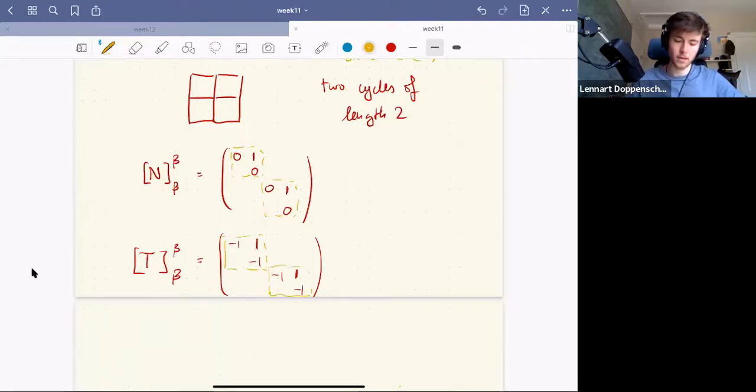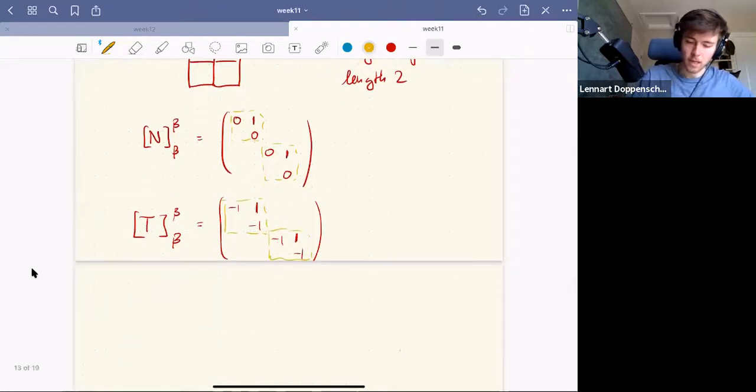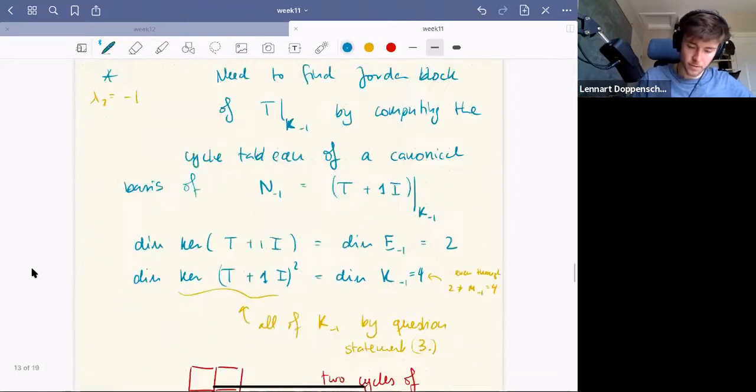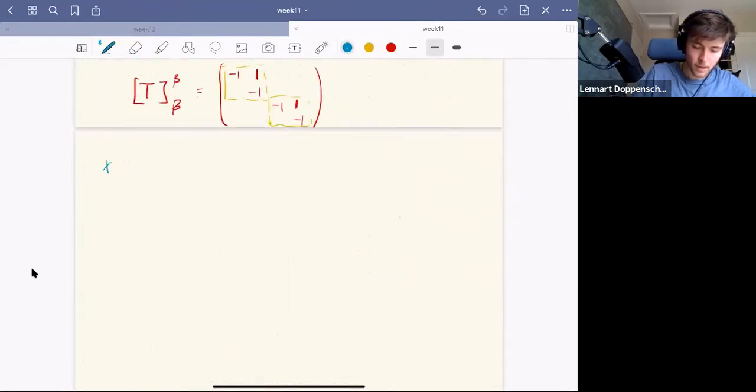Okay, so we're almost done. The last case is very straightforward, because now we just do the eigenvalue lambda equals 5, but lambda equals 5 has multiplicity 1.